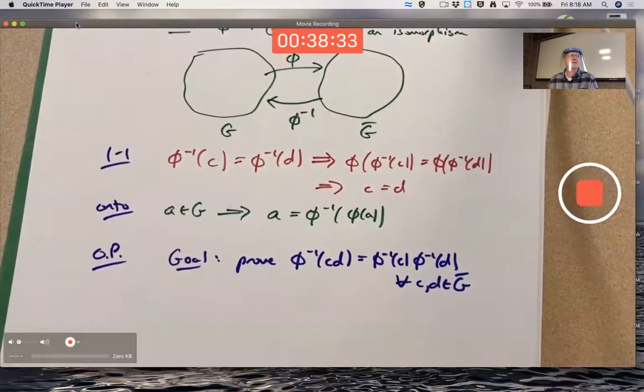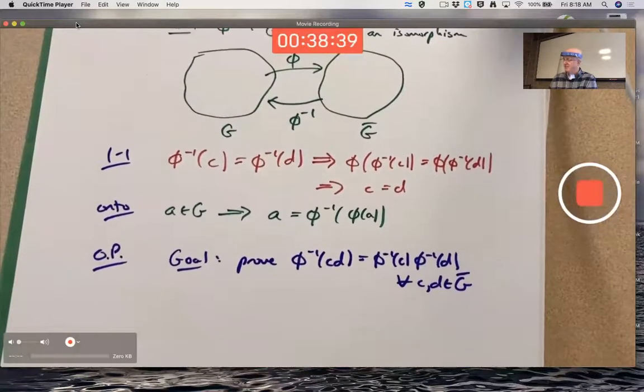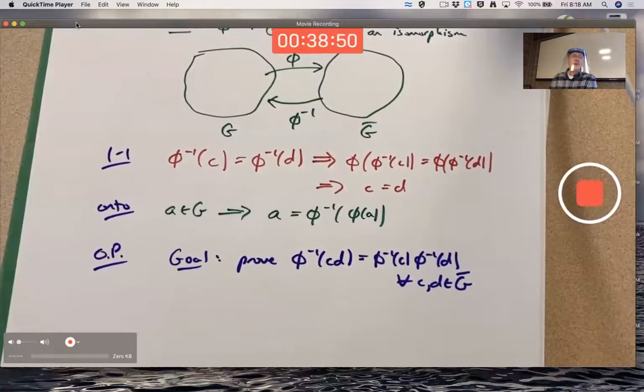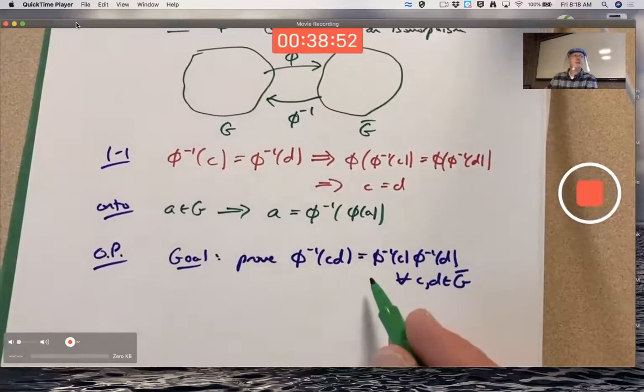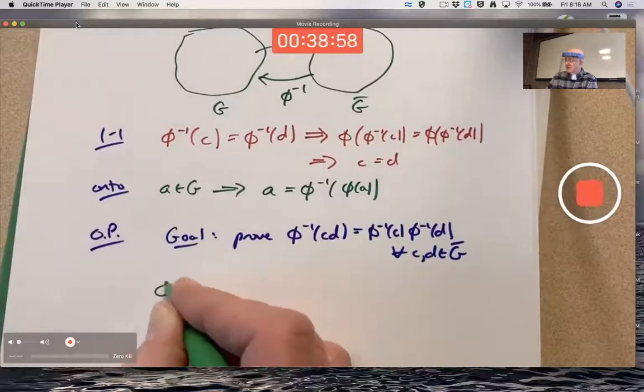It must be relevant. I'm trying to prove this. We don't know it's true right away. So how would we do it? Maybe we should apply phi to both expressions and see if we get the same thing, and then use the fact that phi is one-to-one. That's one way to do it at least.